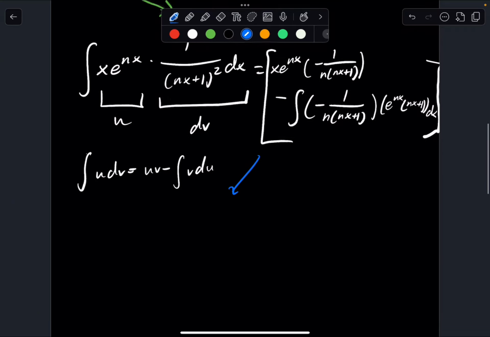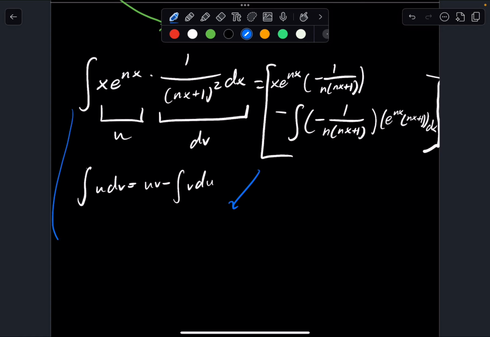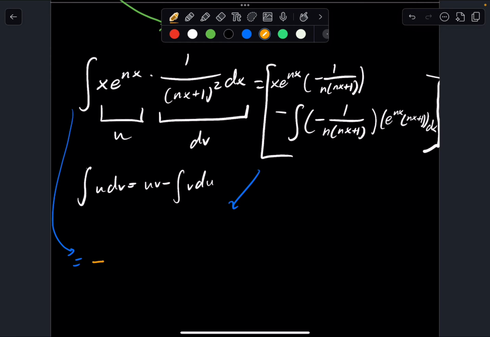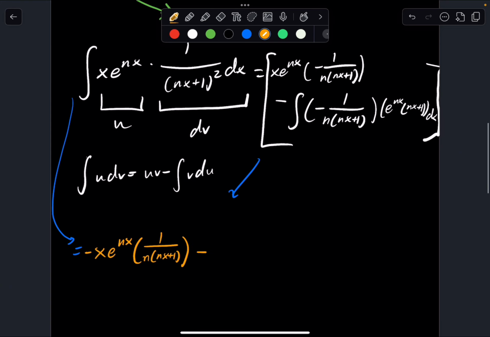I'm going to rewrite this, combining negative symbols and all that. So we have this is equal to, all right, and we'll call it orange. It's equal to x e to the nx times, I'll pull the negative out, 1 over n times nx plus 1, like that, minus our integral of, and I can pull this negative out, so that becomes a plus, plus our integral of, and I'll put this on top as the numerator, e to the nx times nx plus 1 all over n times nx plus 1 dx.